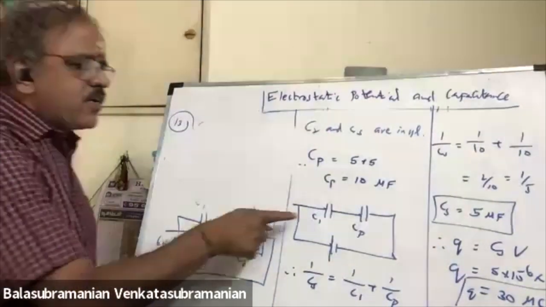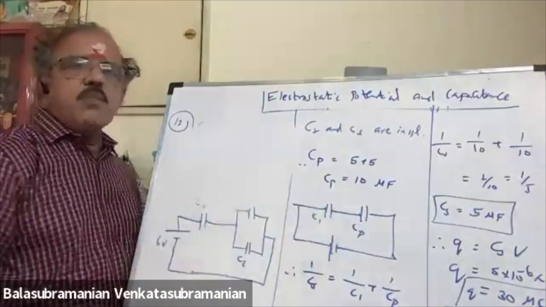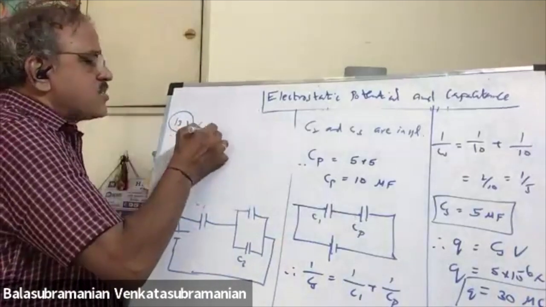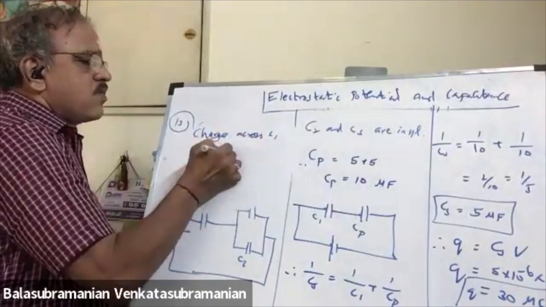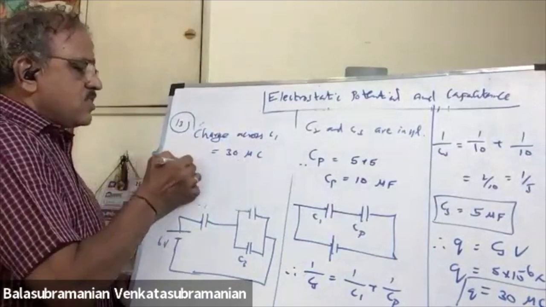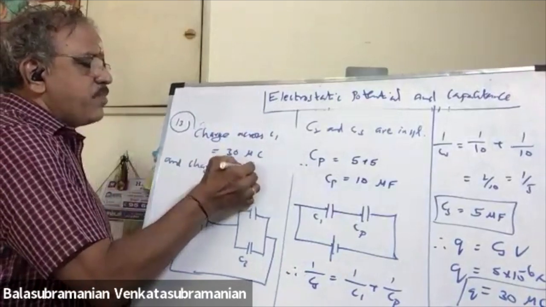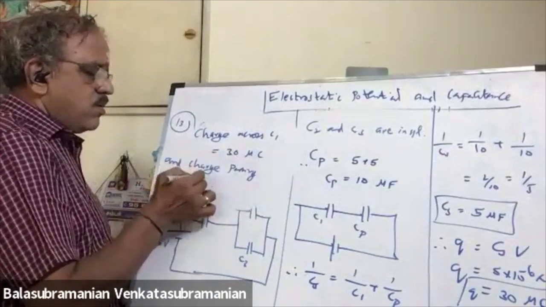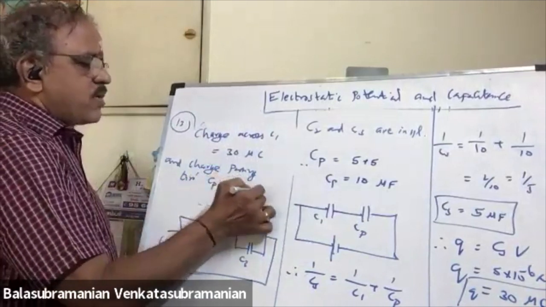So 30 microcoulomb passes through C1, and 30 microcoulomb passes through Cp. So charge across C1 is 30 microcoulomb, and charge passing through Cp is also 30 microcoulomb.